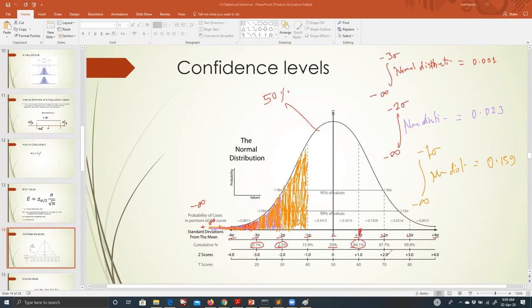If you go from negative infinity till positive 2 sigma, or mu plus 2 sigma, it will be 97.7. And similarly, if you go till 3 sigma, it is 99.9%. And if you keep going, till infinity you will get 100%. So from negative infinity to positive infinity you are going to get 100%, but that is not achievable.